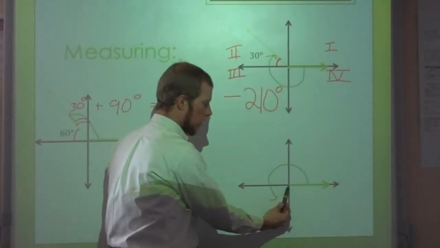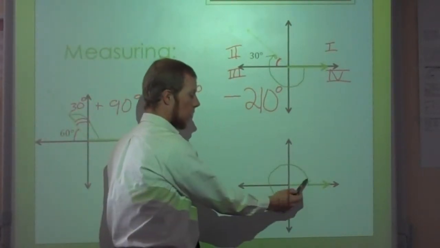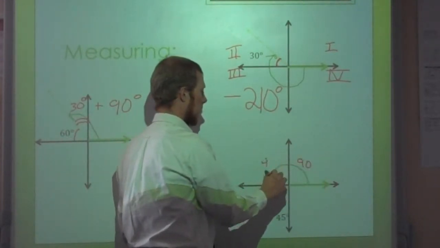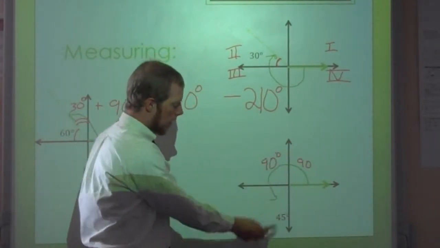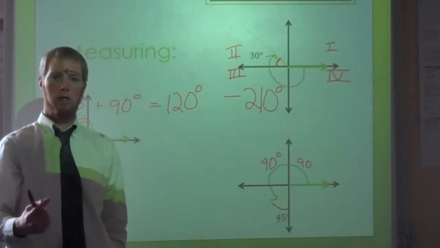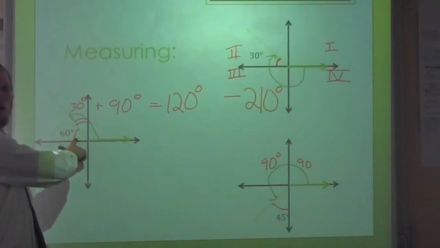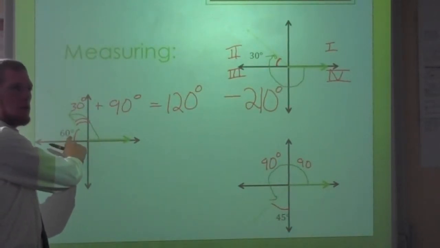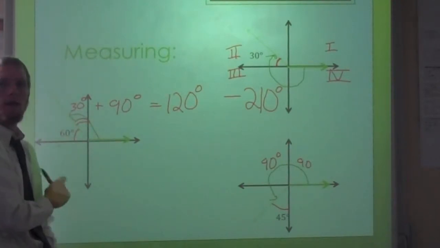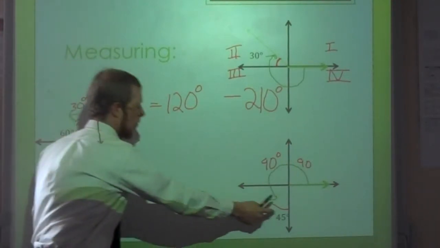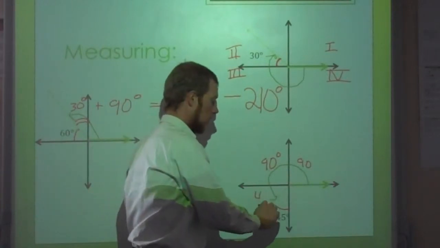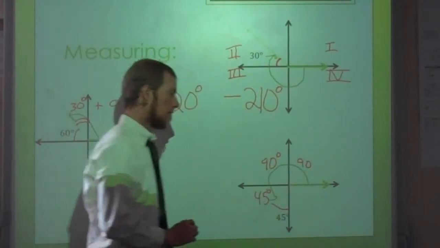Down here, we see the initial side is here. We know that we go through 2 quadrants, so that this is 90, this is 90, and that this right here is 45. So just like up here, where this excluded portion was 60, notice 60 and 30 is 90, 45 and some number is 90, which we know to be another 45.